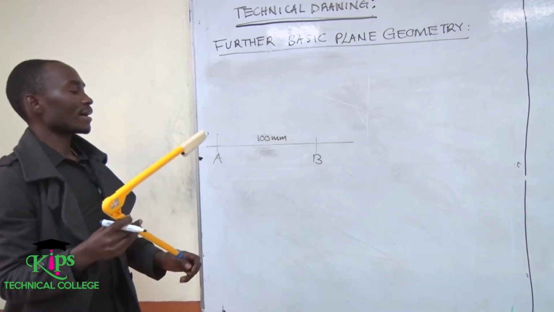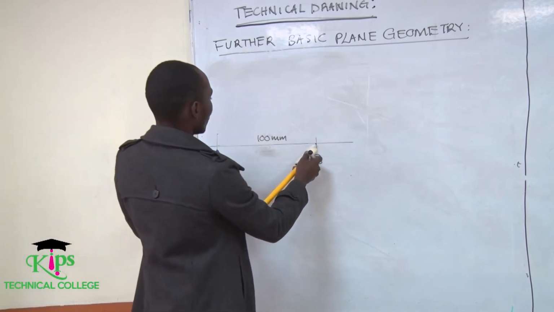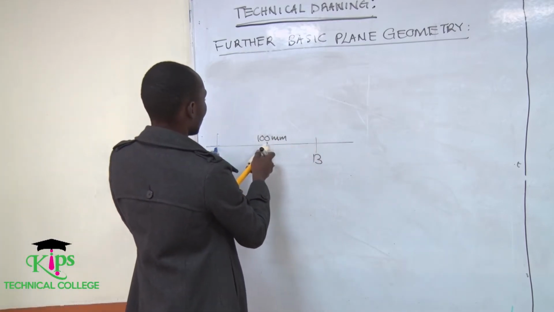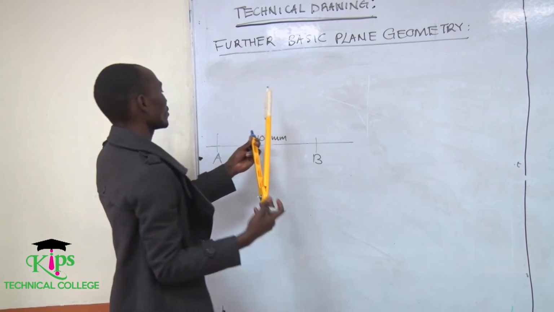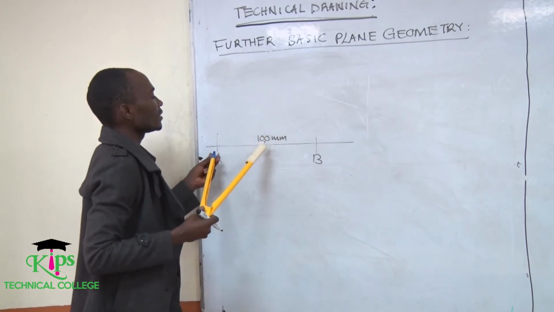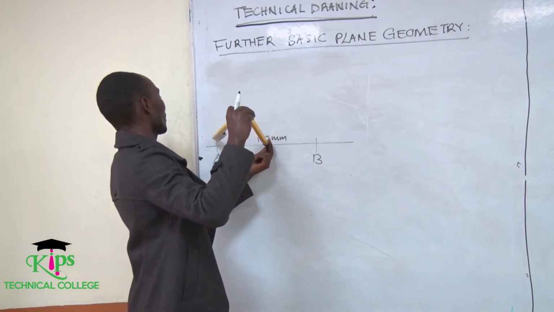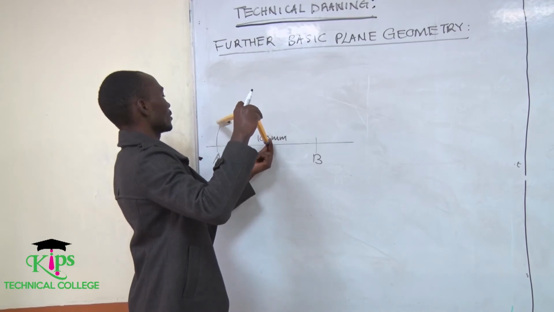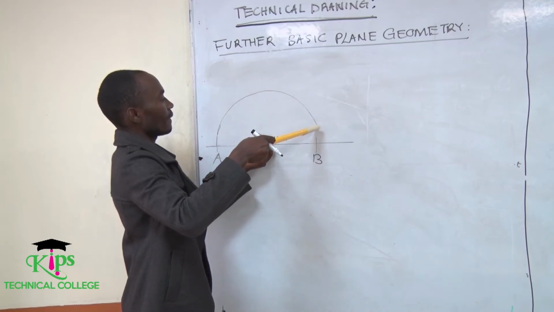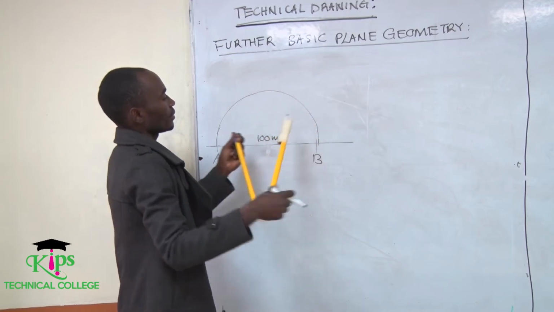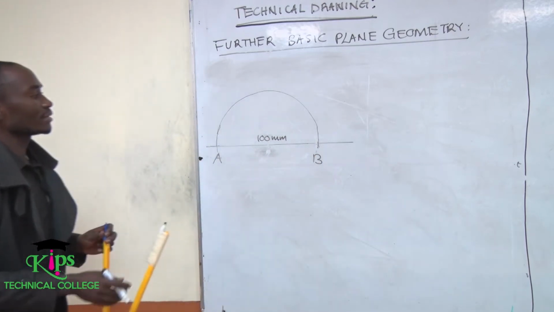So that is my 100 millimeters. You take half of that. Half of 100 is 50. So standing here at the center with half of 100, I will make a semicircle. So that is my semicircle.